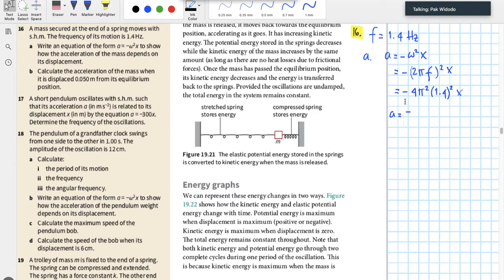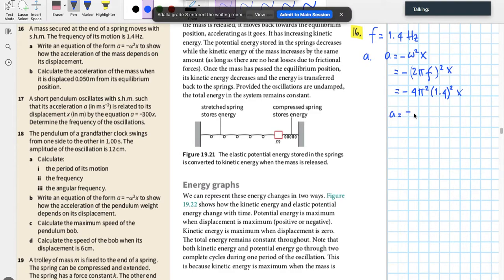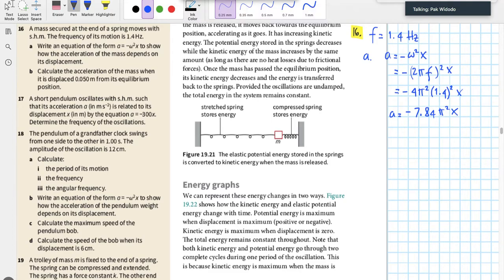1.4 squared times 4 equals 7.84 pi squared x.